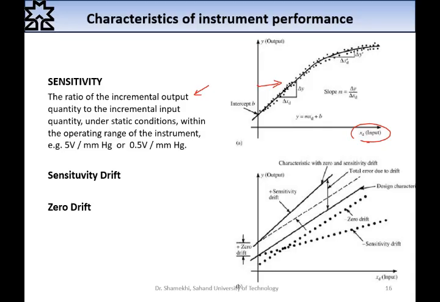We have some similar sensor in these instruments, but the sensitivity of the jewelry measuring scale is higher than other types of scales. It means that the slope of that instrument is high.